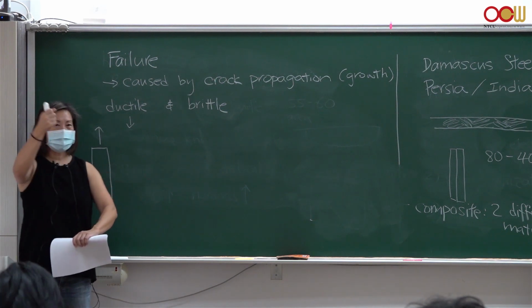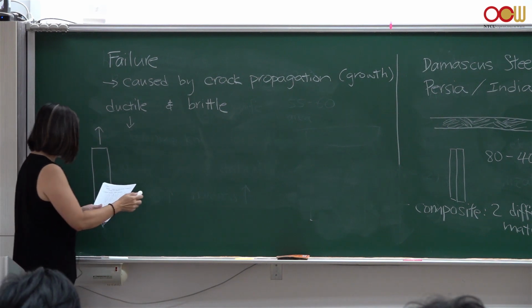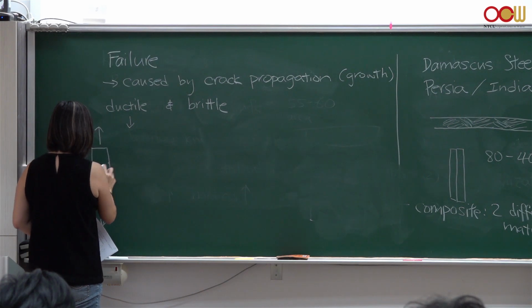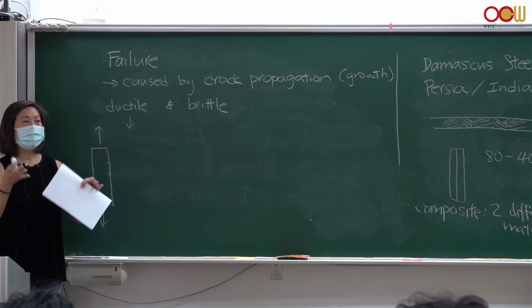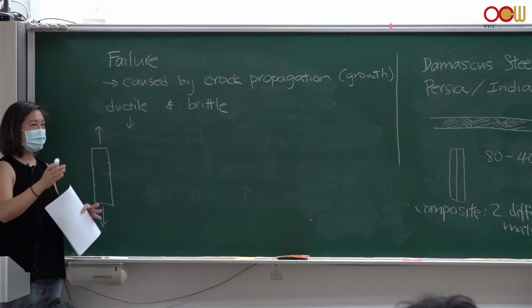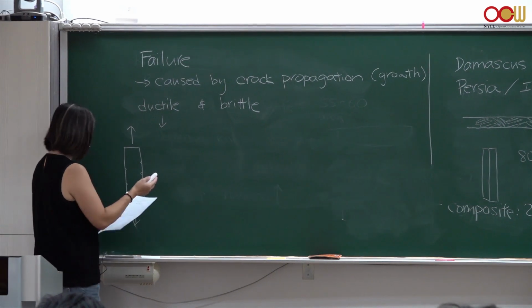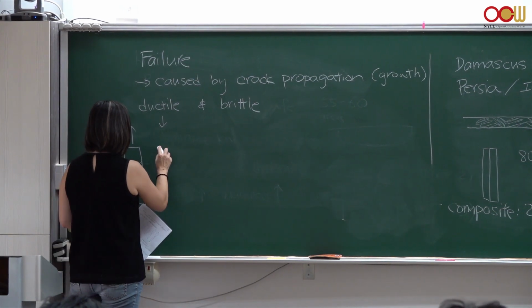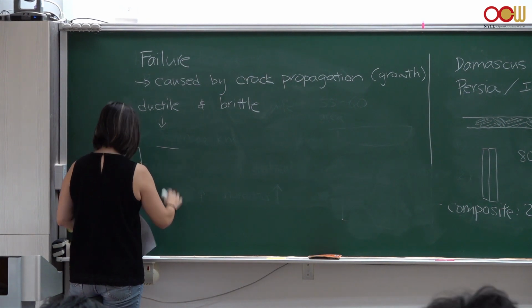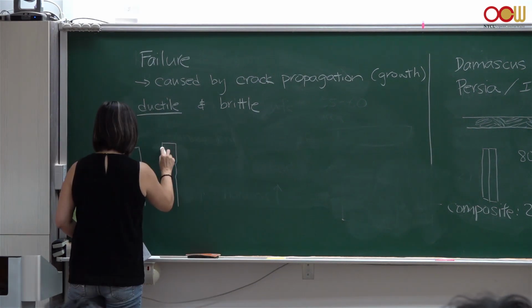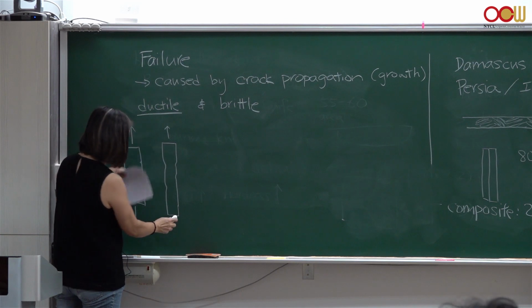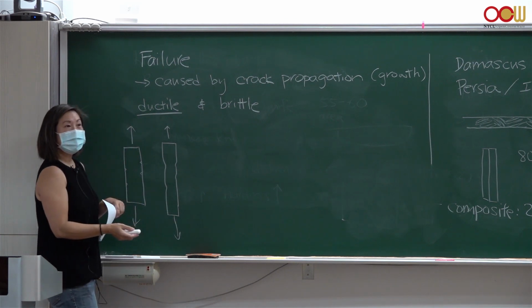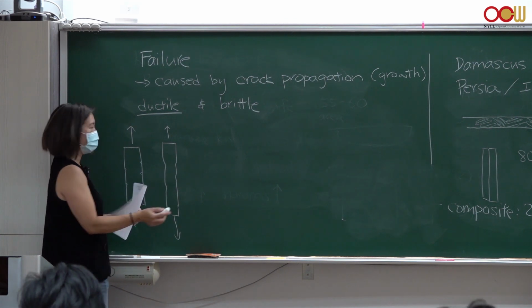you put the material under stress, you're pulling on the material, and this material has cracks, because all materials have surface cracks. Nothing is perfect, right? So everything has small imperfections on the surface, and as you continue to pull, the cracks will grow. So the cracks are getting bigger, and the material is elongating because we have a ductile material, so there is plastic deformation.